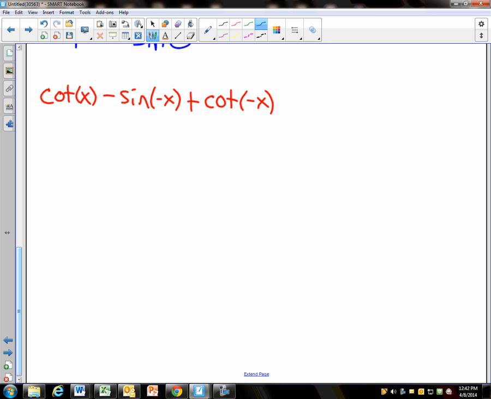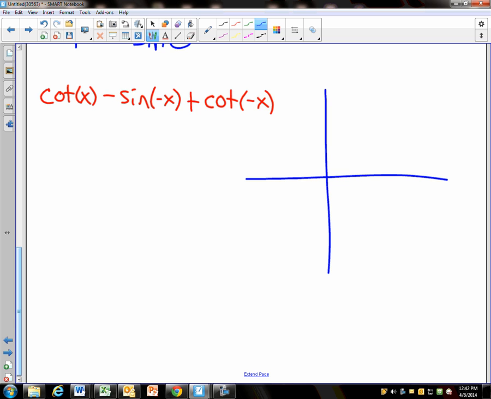If you look at the one that says even and odd identities, you see those negative angles in there. And we never like to leave a negative angle in trigonometry. It says sine of a negative angle is equal to negative sine of that angle. Let me just show you real quick why that works. Don't write this down, but let's just understand.